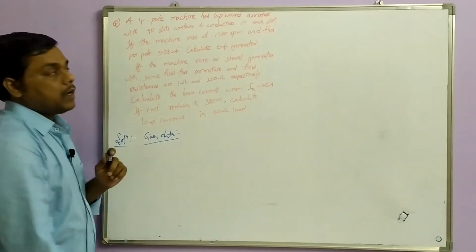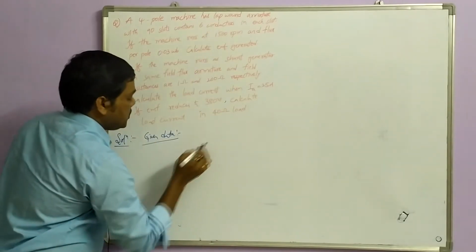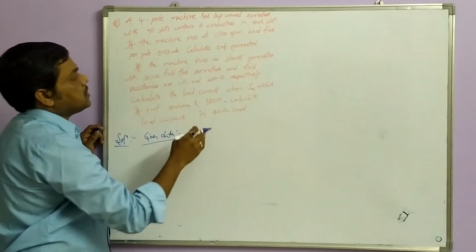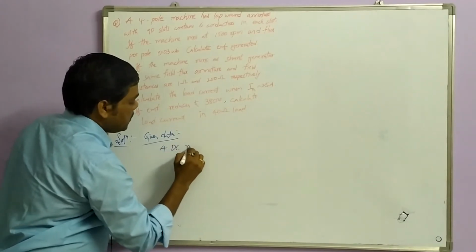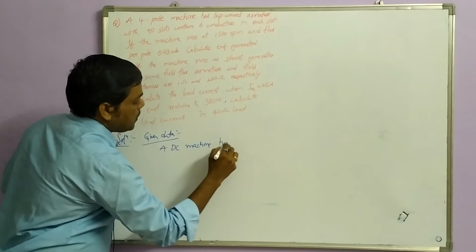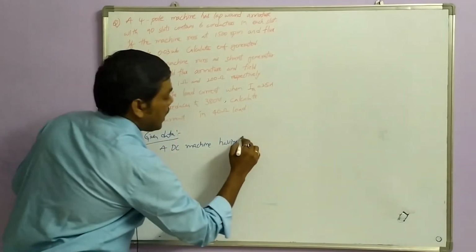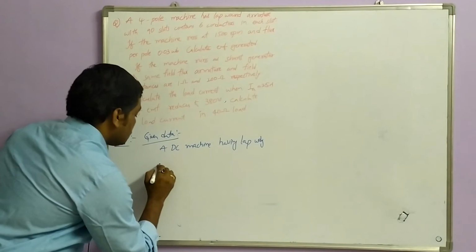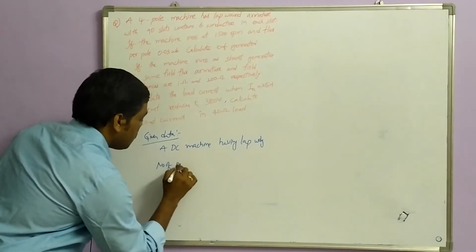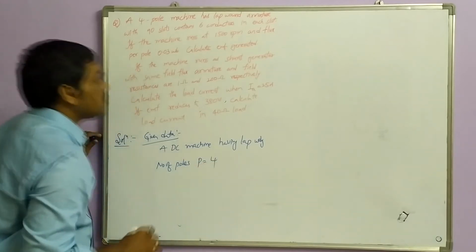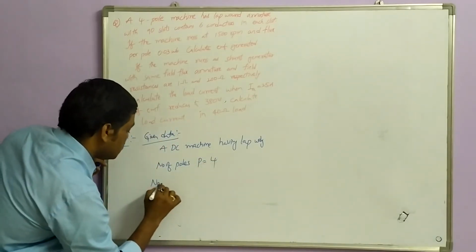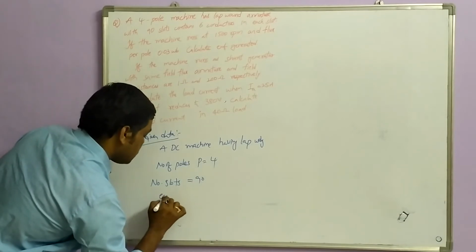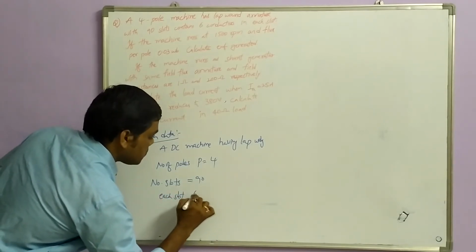A DC machine having lap winding in the armature. The number of poles P is equal to 4, the number of slots is 90, and each slot has 6 conductors.